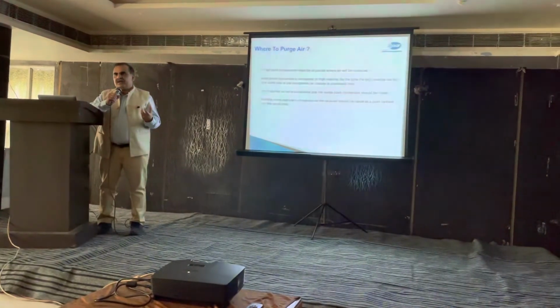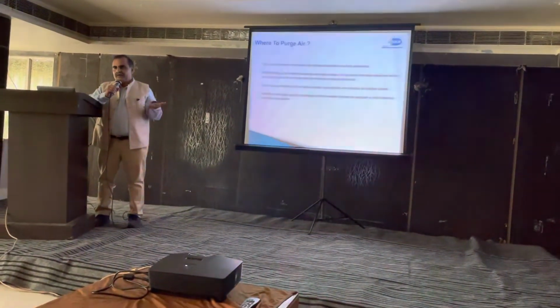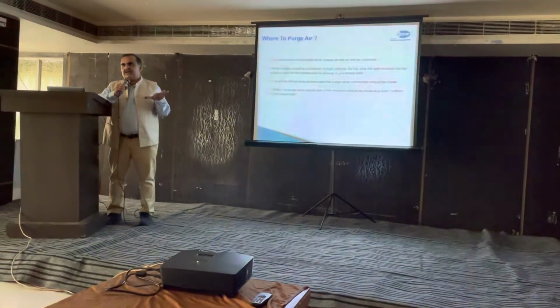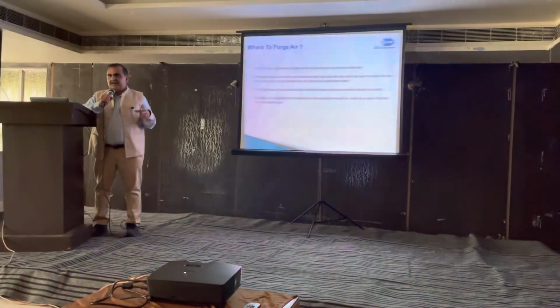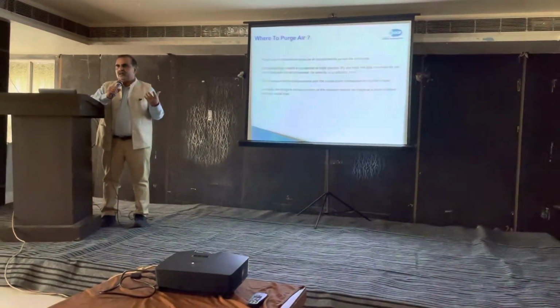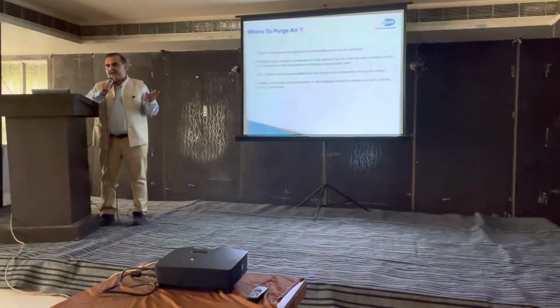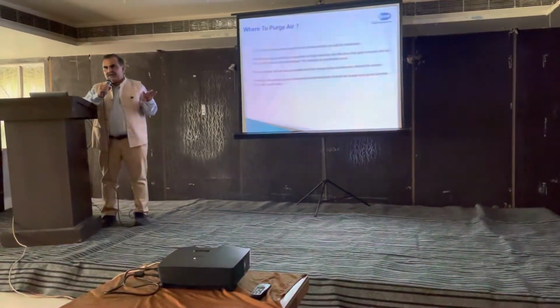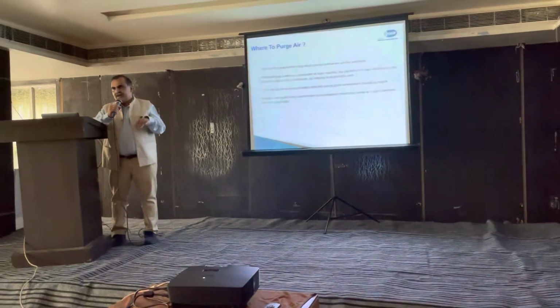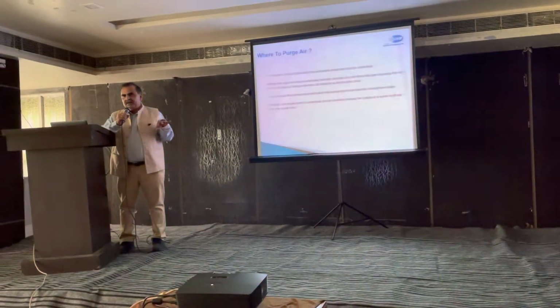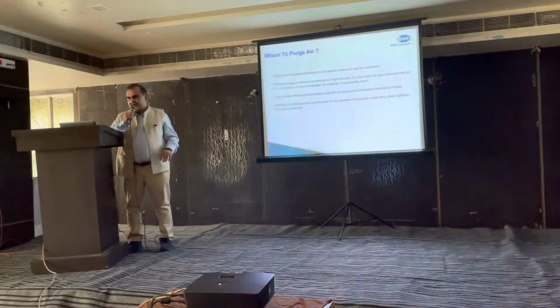So if there is ammonia, the ammonia will become liquid, and if it is non-condensable or air, the air will remain in the vessel. Now there are electronic sensors available which sense the difference between ammonia and air. If there is air, it is vented out, and if there is ammonia, it is liquefied and put back into the system.